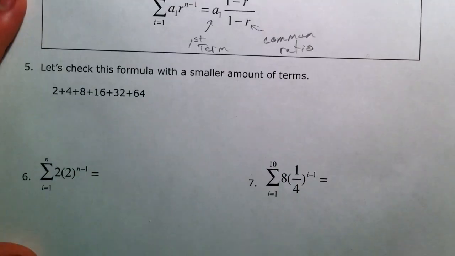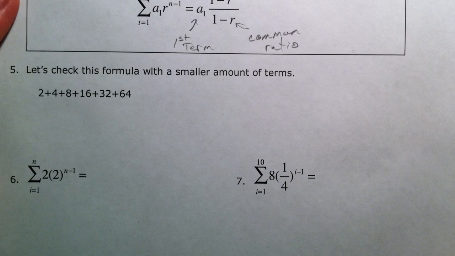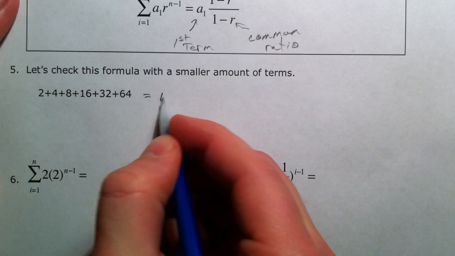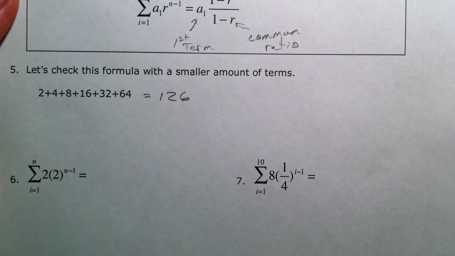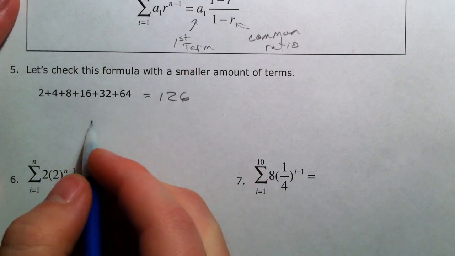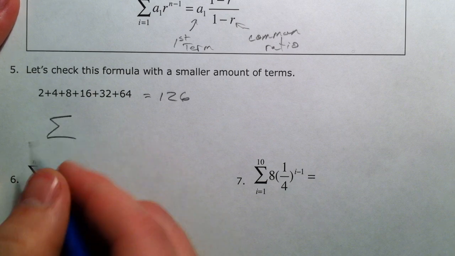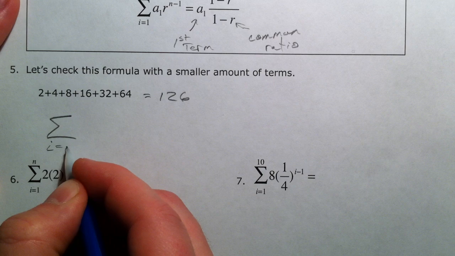So, first off, if we add up all of these numbers, 2 plus 4 plus and so on, we should get 126. Let's just confirm that we get that with our equation. So, let's write this in sigma notation just to practice.